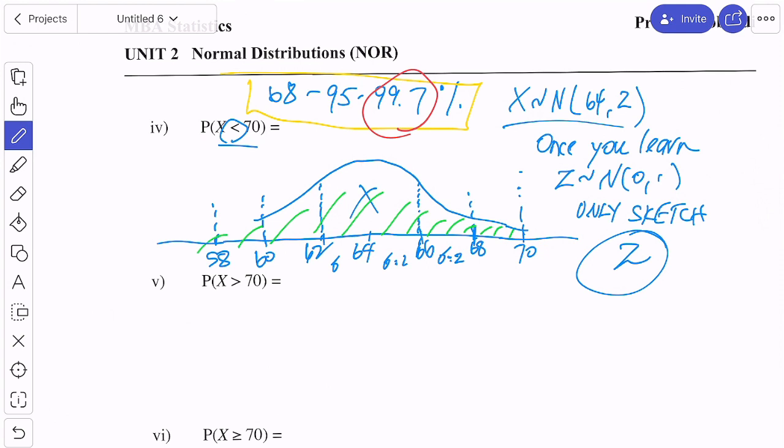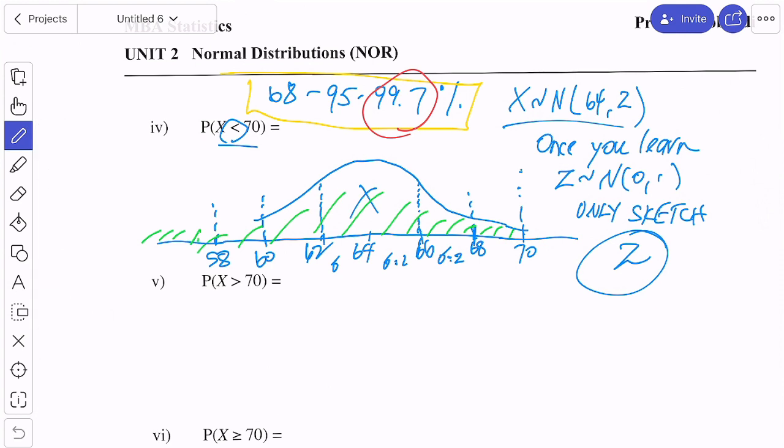So back to what I was doing. So between here and here, and notice I need to get all of this. I want all this, all the way. Not just 99.7 in between, but I can use that to help me find the answer.